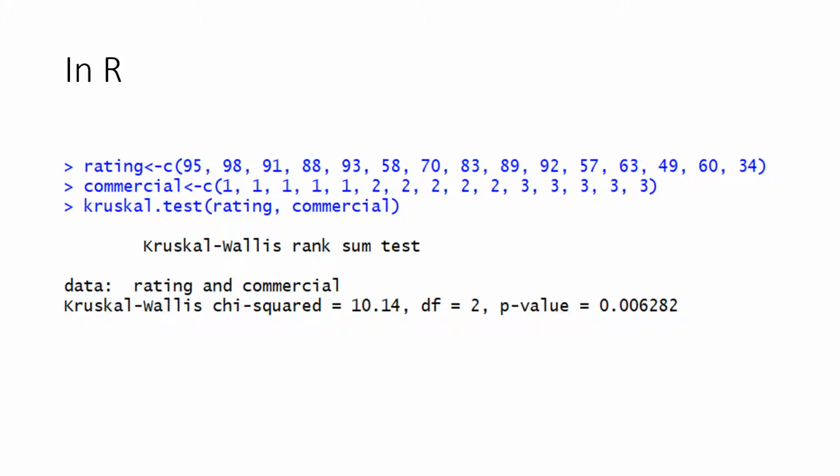And then it gives me the Kruskal Wallis rank sum test. It gives me my test statistic, 10.14. It tells me the degrees of freedom are 2, and it gives me the p-value. So in reality, this isn't something we generally do by hand. It's something we do by R, and that's how we do it.